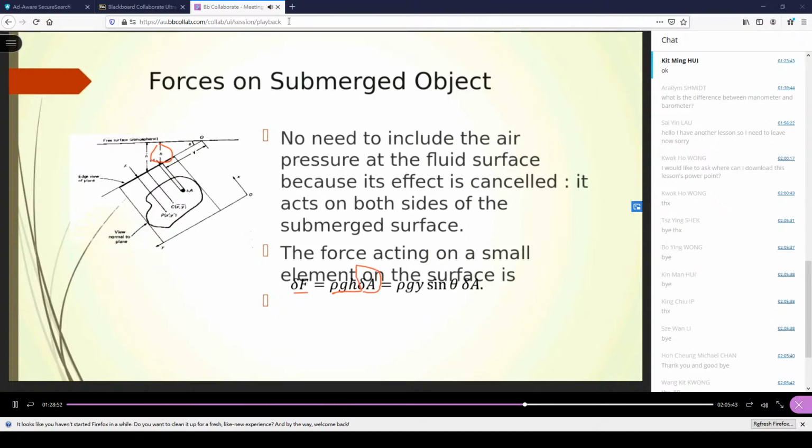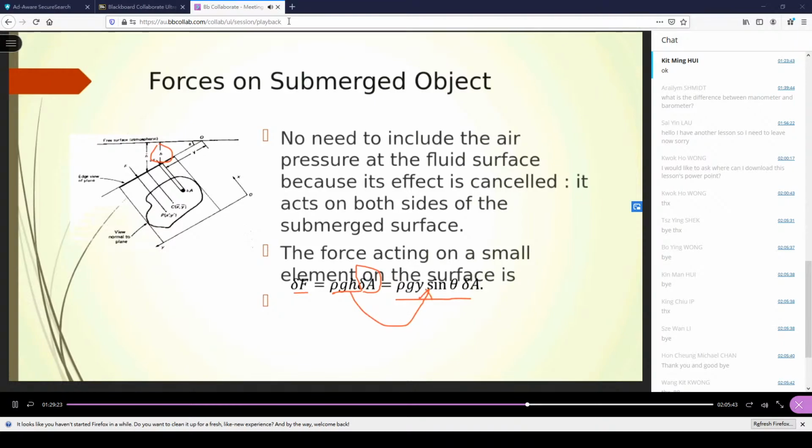So the tiny force acting on this part of the object, which I suppose is a plate or surface, is rho g h delta A. Y is here, so y is along the plate and beta is here, so we can convert h into y cosine beta.